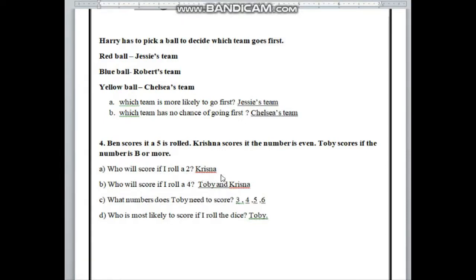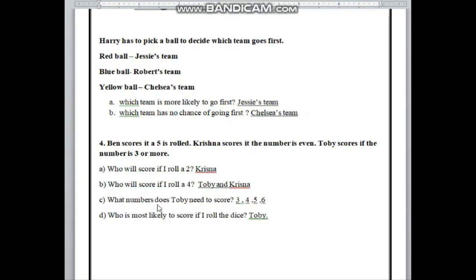Here is Krishna. Who will score if I roll a 4? Roll a 4, here is an even number, Krishna. And here Toby scores if the number is 3 or more. So the answer here is Toby and Krishna.